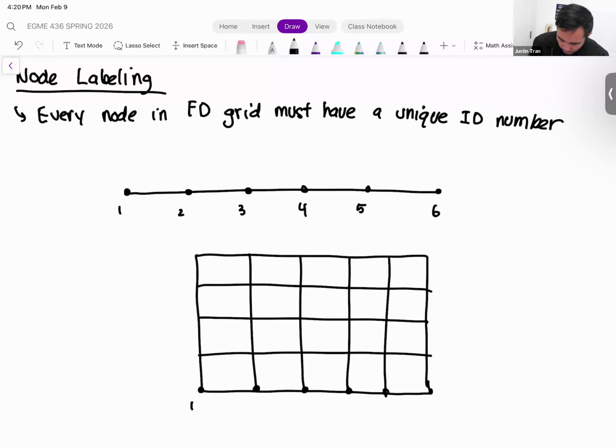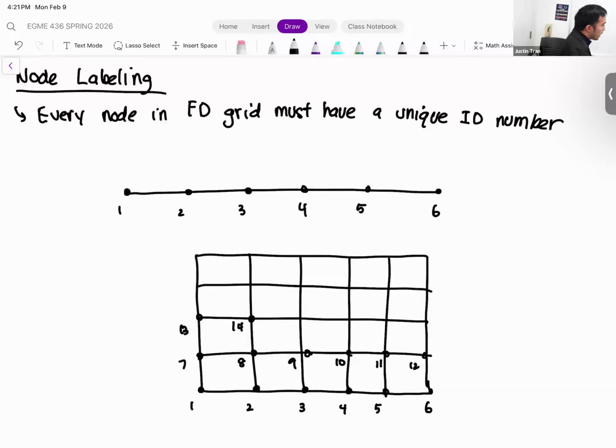So we have node 1, node 2, node 3, node 4, node 5, node 6. Then we go to the next row, so we have node 7, 8, 9, 10, 11, 12, 13, 14, and so on and so forth.